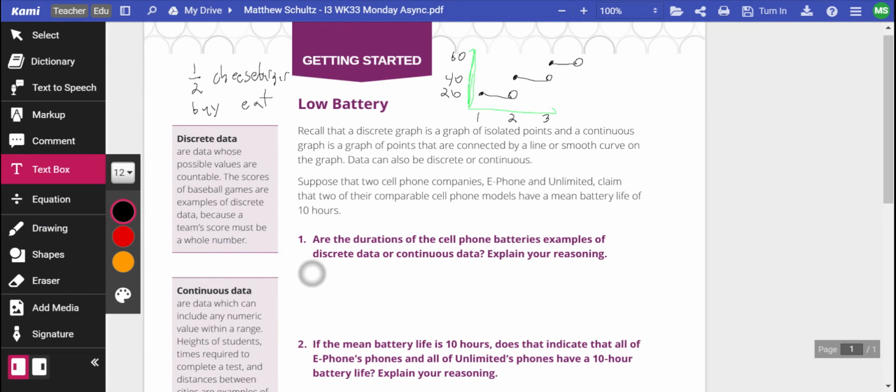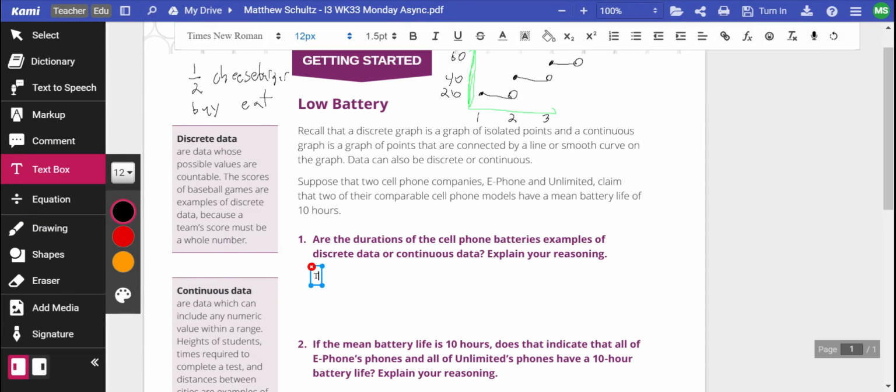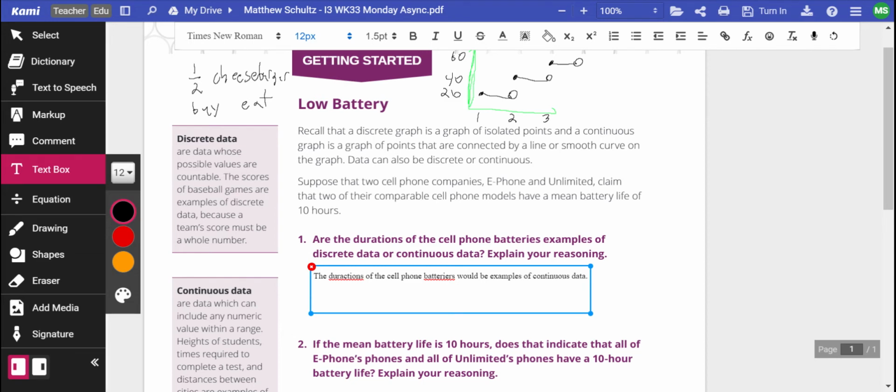So for example, the durations of the cell phone batteries would be examples of continuous data, there being the possibilities of fractional data. Let's make sure we spell it correctly.